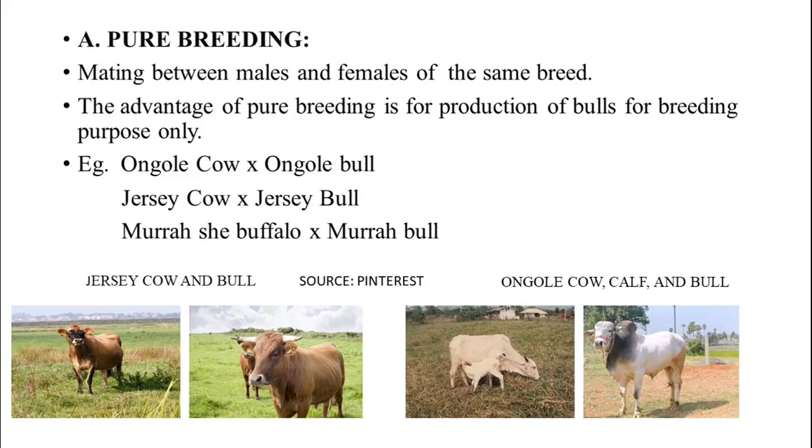Likewise, a Jersey breed cow is crossed with a Jersey breed bull to get the pure breed. And at the same time, a Murrah buffalo breeds with a Murrah bull, so that we will get a pure Murrah bull. This is called pure breeding.